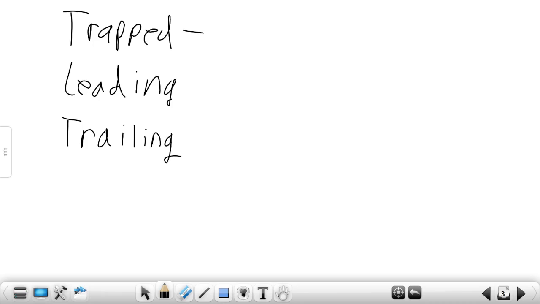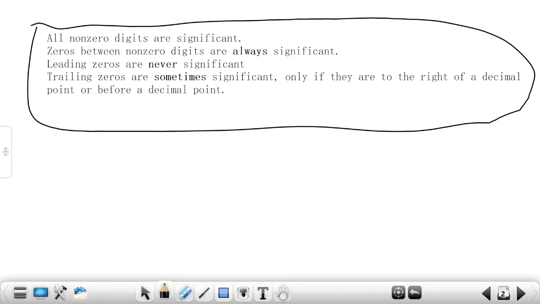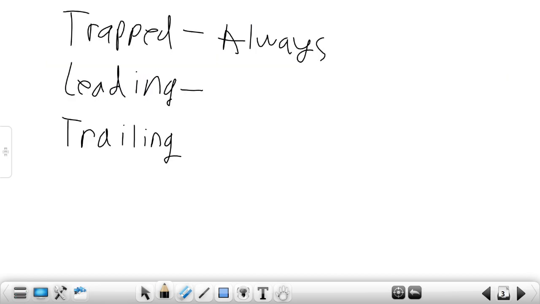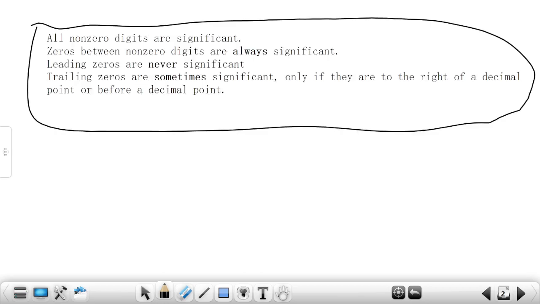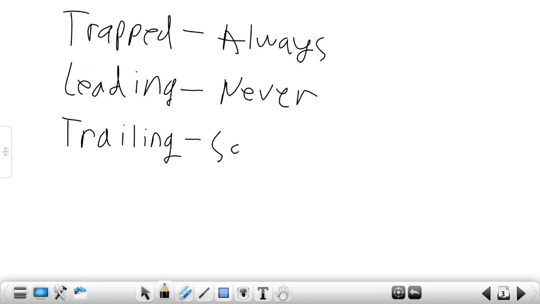So trapped, those are our zeros between significant figures, are always significant. Leading, if we go back to our rules over here, leading zeros are never significant, even if there is a decimal place. And then trailing, go back to our rule over here, trailing zeros are sometimes significant. And that depends on decimal places.